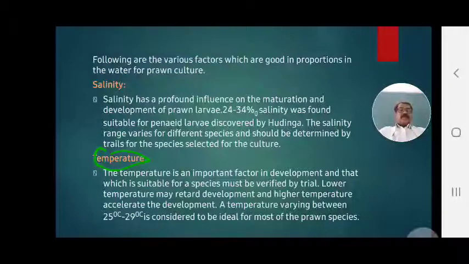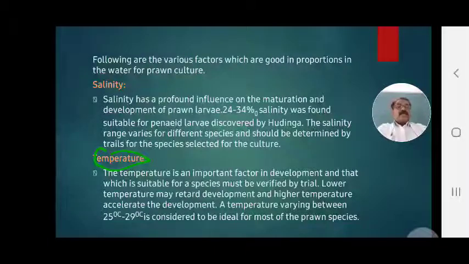This means the temperature range should be neither more nor less, an optimum or medium range. A temperature varying between 25 degrees centigrade to 29 degrees centigrade is considered to be ideal for the culture of Peneus indicus and Peneus monodon.